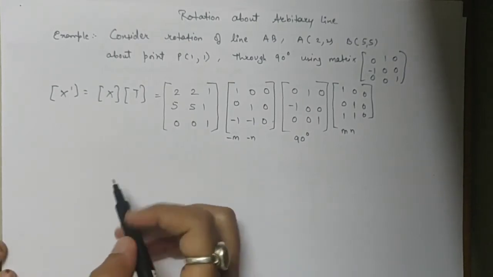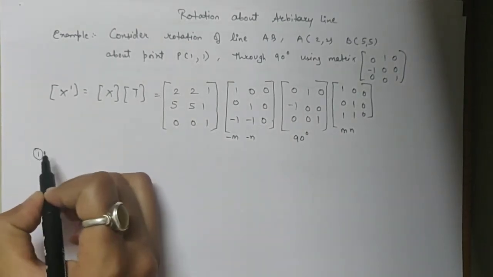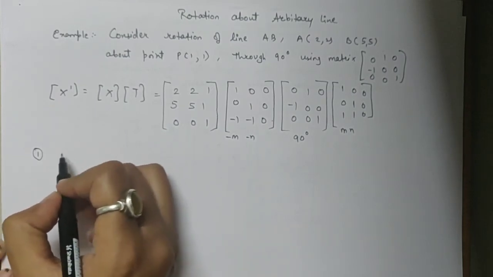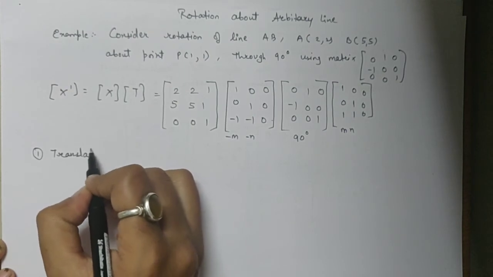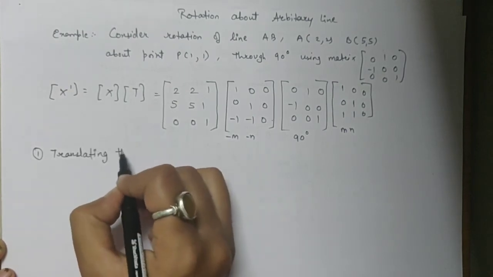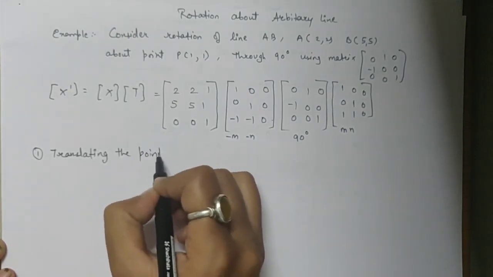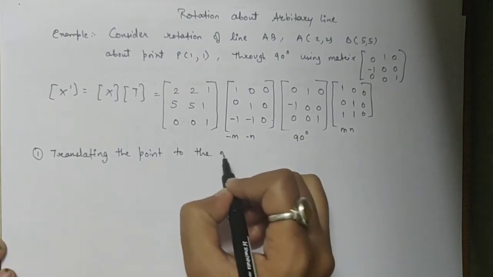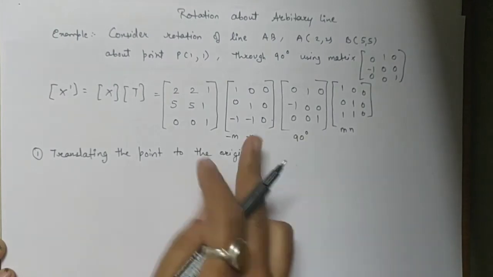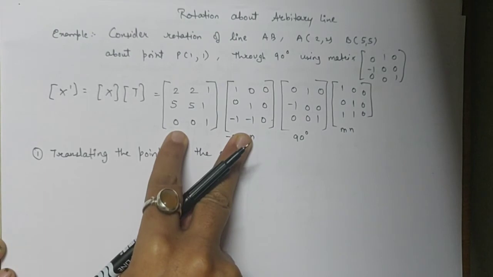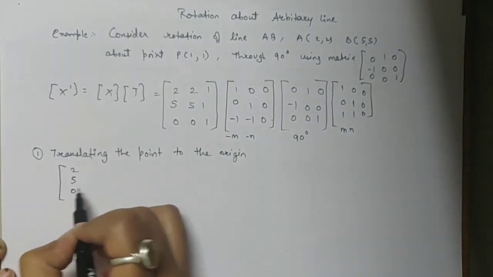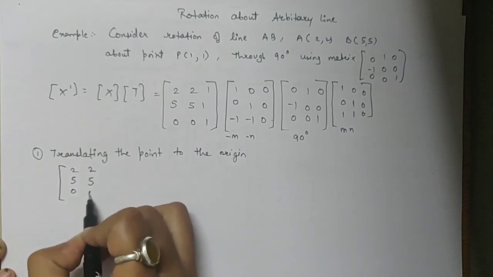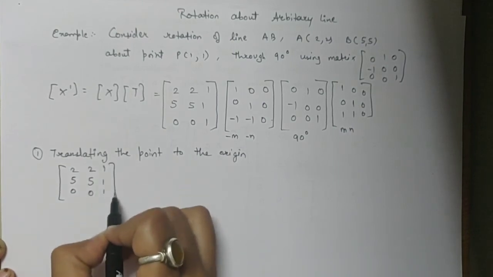So now let's calculate step by step. The first step is translating the point to the origin. Let's consider only these two matrices. The first matrix is 2, 5, 0; 2, 5, 0; 1, 1, 1.